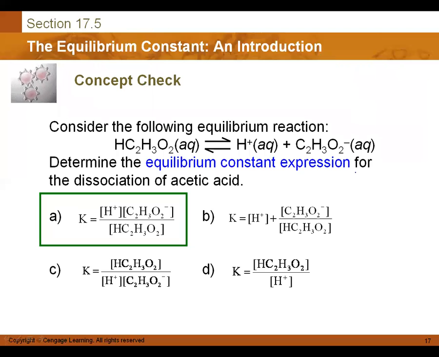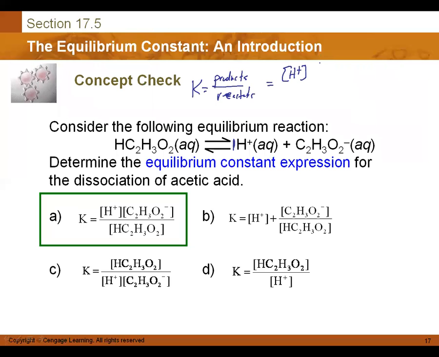So if we look at this equilibrium expression here, we'll just go through how we got to that one in the box. Again, if we're going to write the equilibrium constant expression, it's our products divided by our reactants. On the product side, we would have H plus, the coefficient is 1, so we wouldn't put anything there.